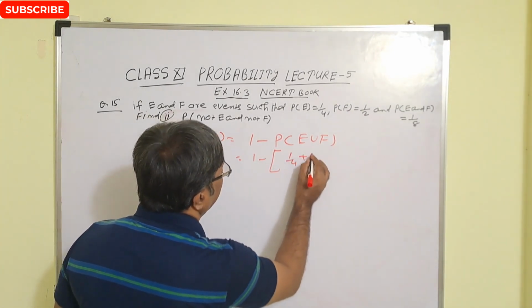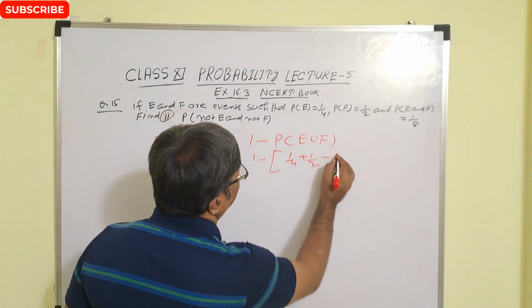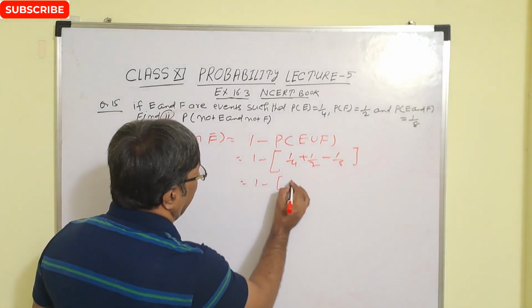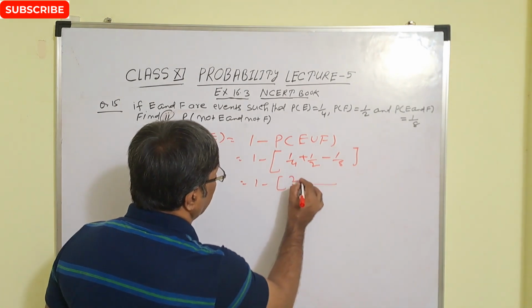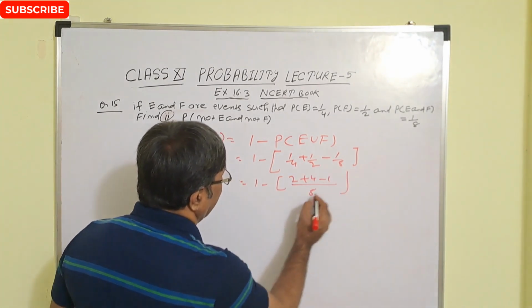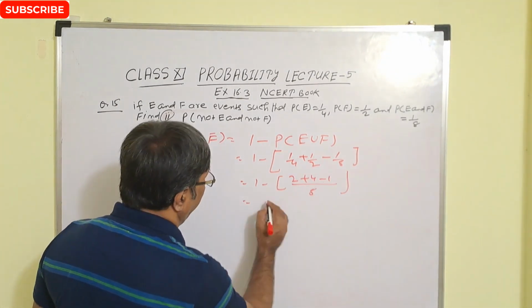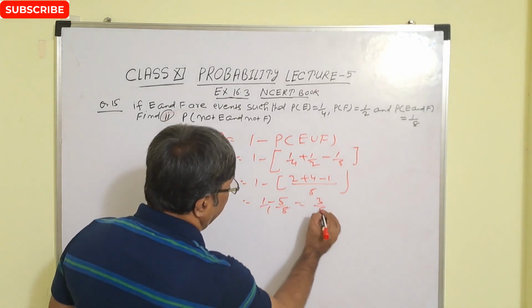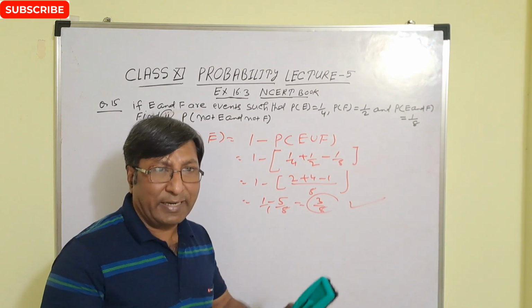Probability of E plus probability of F minus probability of E intersection F. So 1 minus this, the denominator is 8. 4 twos are 8, 2 fours are 8, minus 1. So 6 minus 1 is 5. So 1 minus 5/8, that is 8 minus 5, 3/8 is the correct answer.